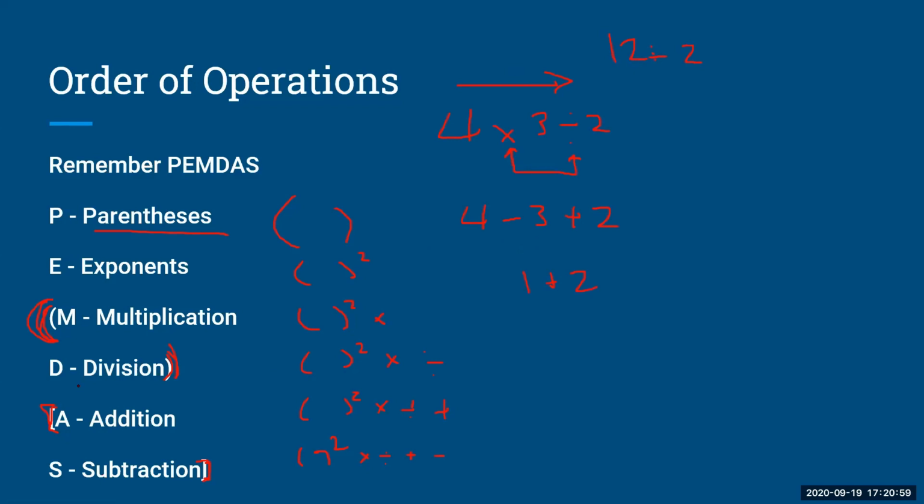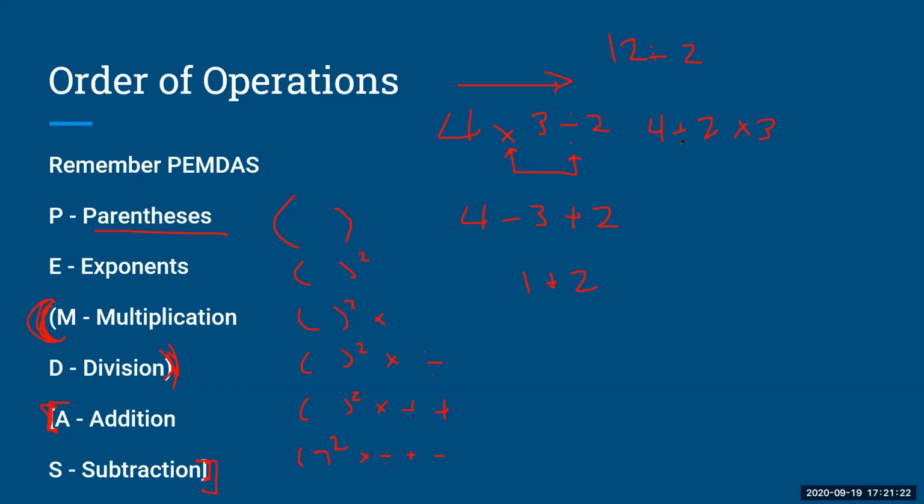Other people also follow PEMDAS in the exact order, but I learned it where you just do it left to right if you see the same pair of operations. But if you strictly followed PEMDAS, then you would get a different result, so let's change this to divide by 2, divide by 3. In this case, how I learned it is you just divide left to right.